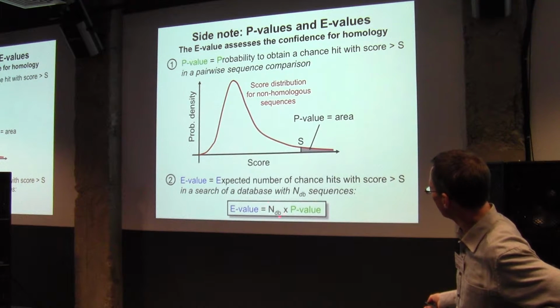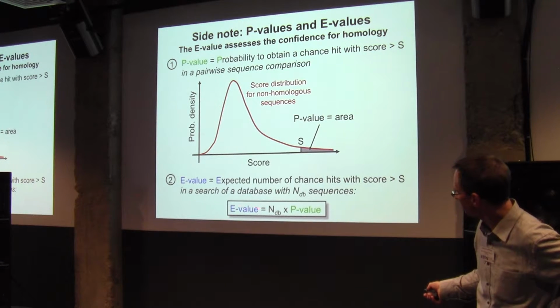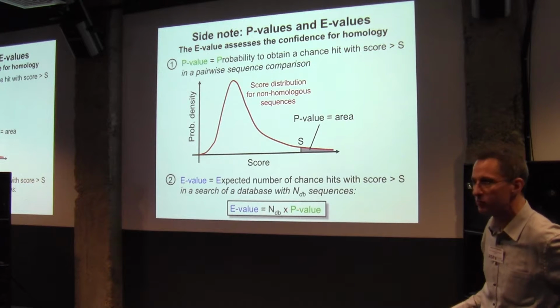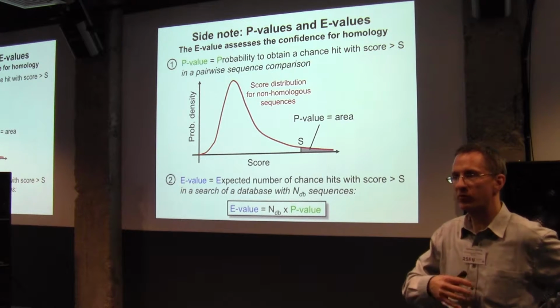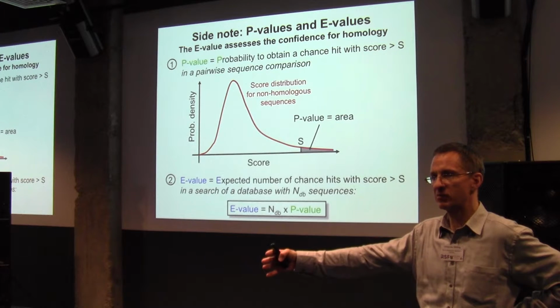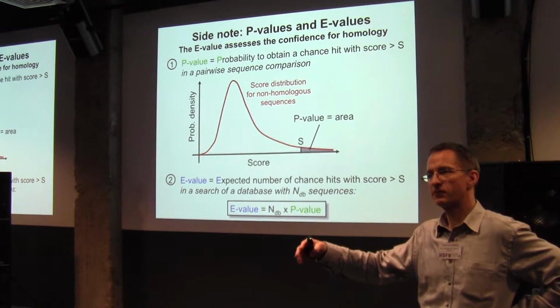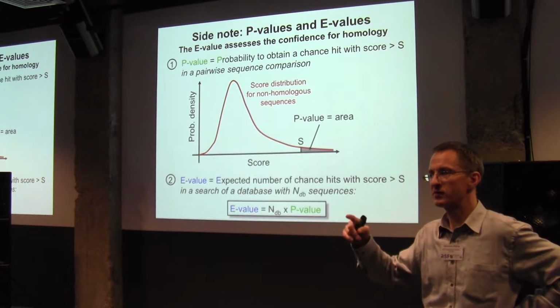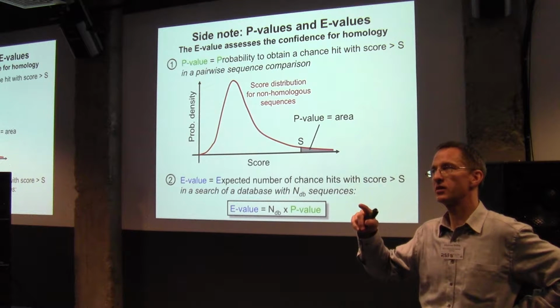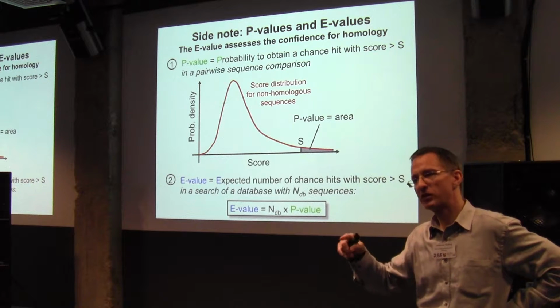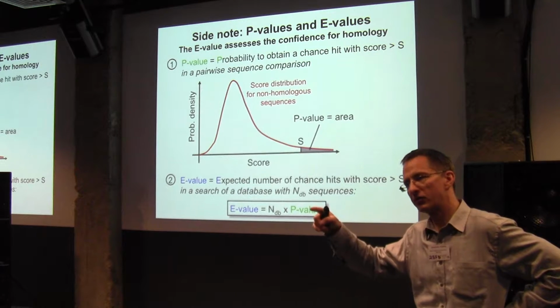So we have something called the Bonferroni correction, or another interpretation is the factor that stands between the e-value and the p-value. For example, if you compare with 100 million sequences in the database, 100 million is 10 to the 8. It's fairly likely that you will get a p-value of 10 to the minus 8 or a bit bigger.